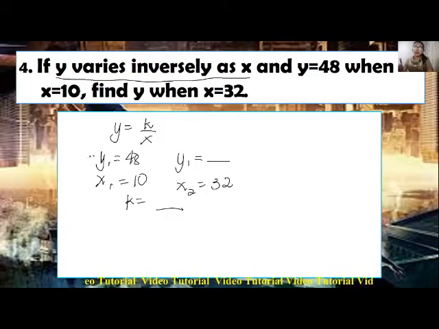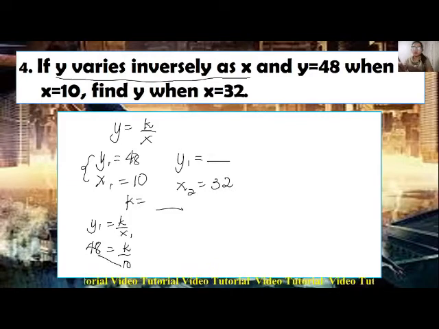Let us find the value of k first using our first set of values. So this will be y sub 1 equals k over x sub 1. 48 is equal to k over 10. Cross multiply, k is now equal to 480.